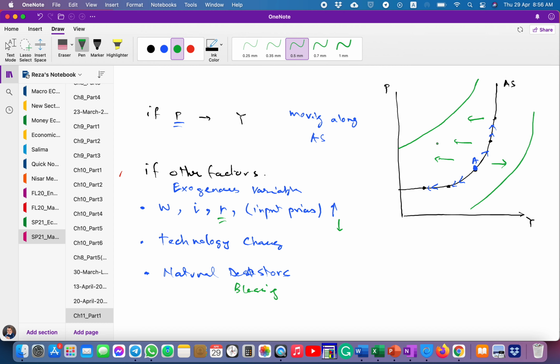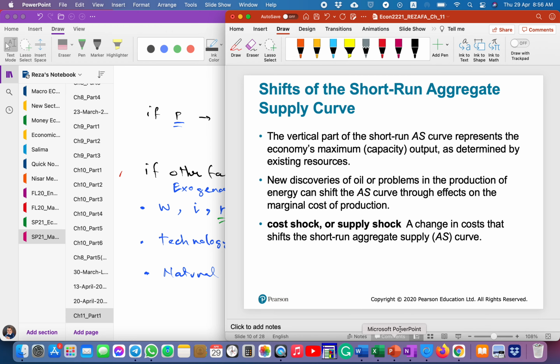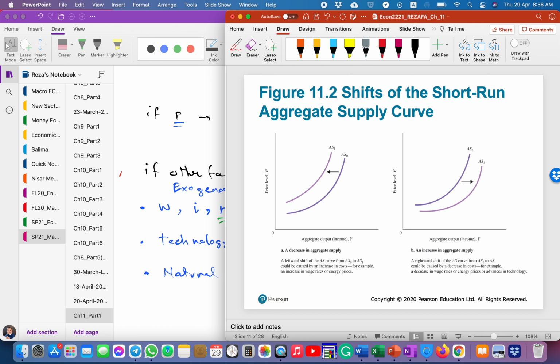So if the oil price is increasing, the shift is to the left side. What happened in the 1970s was a shift of the aggregate supply, because oil became more expensive and the aggregate supply shifted to the left. So this is basically explaining the shocks.